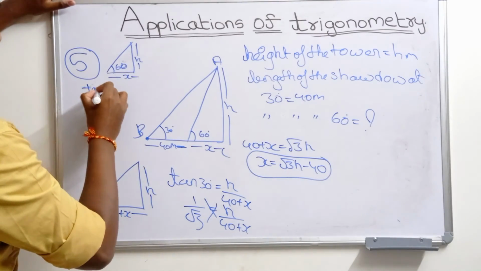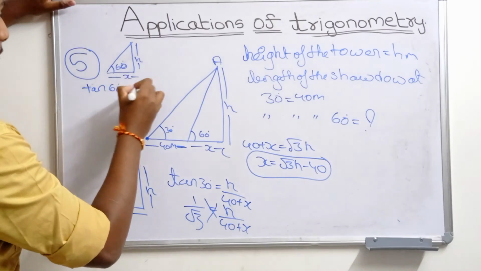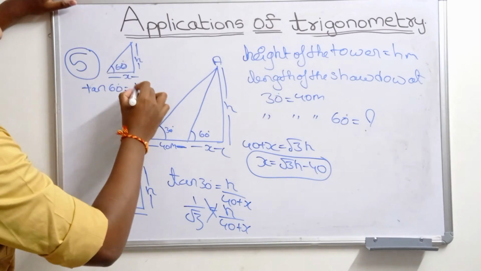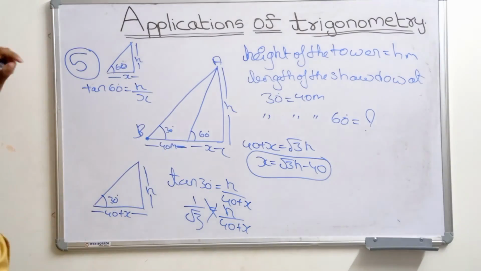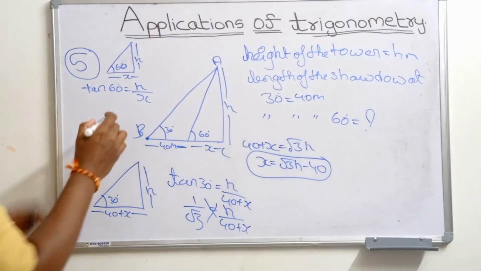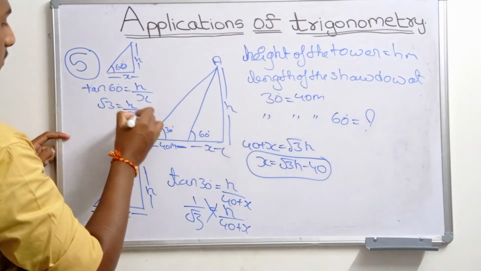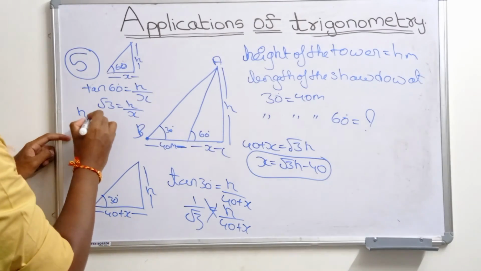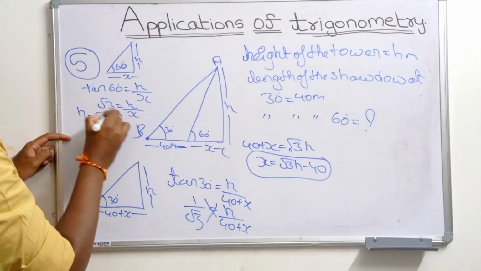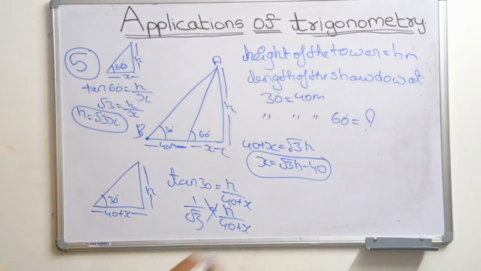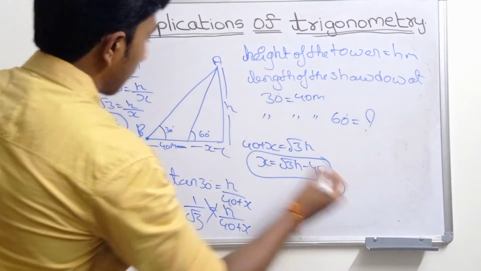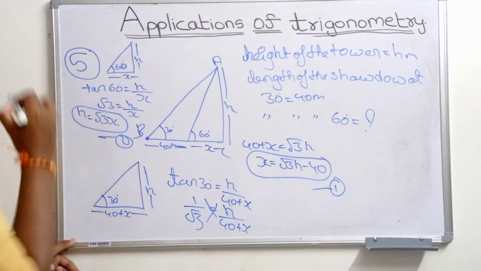So tan 60 degrees, opposite is given and adjacent is given, h by x. Tan 60 is root 3, so root 3 is equal to h by x. So h is equal to root 3x. This is the first equation and this is the second equation.